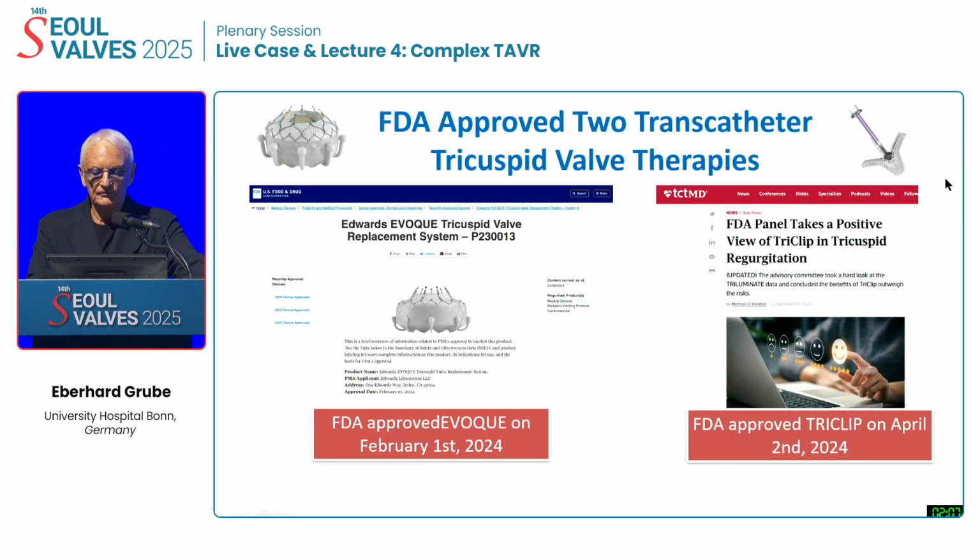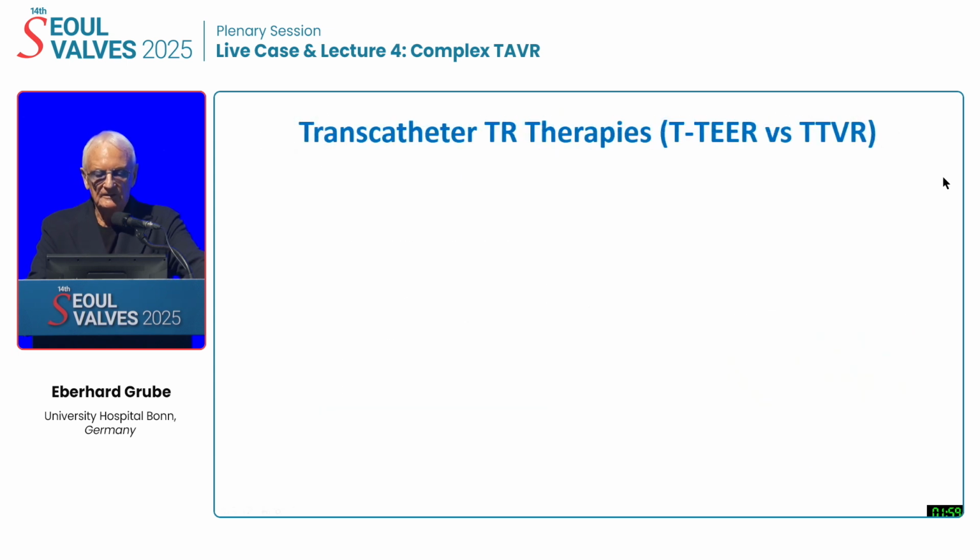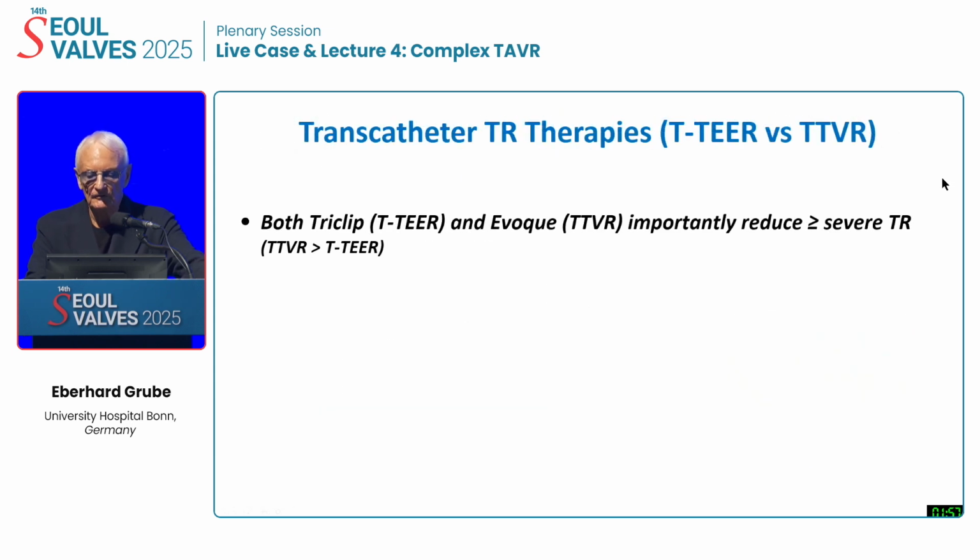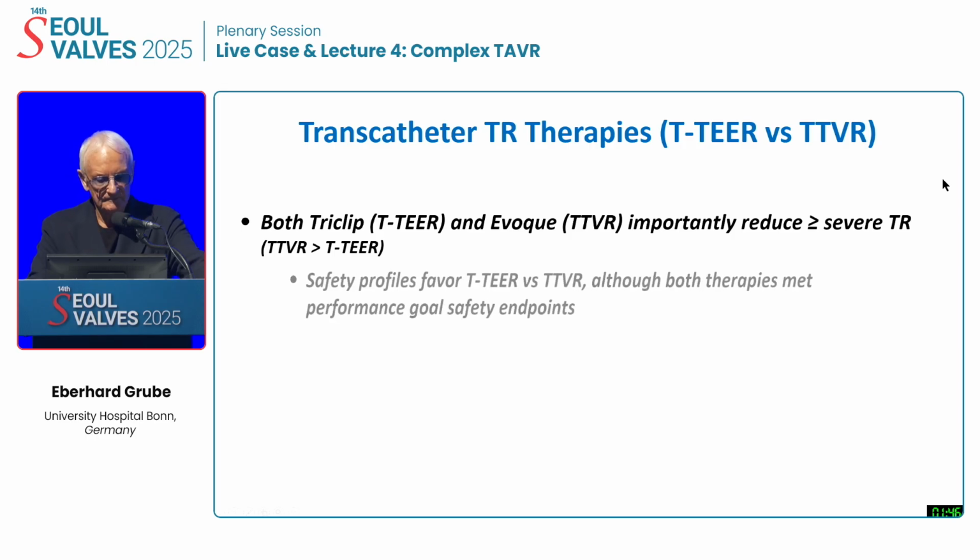The FDA approved 2 transcatheter tricuspid valve therapies, the EVOQUE and the CLIP. If we compare those two, TEER versus TTVR, both TriClip and EVOQUE importantly reduce severe TR, where replacement is superior to TEER.